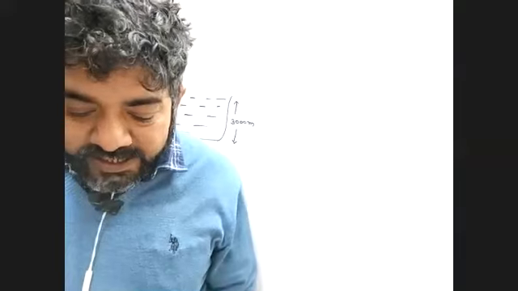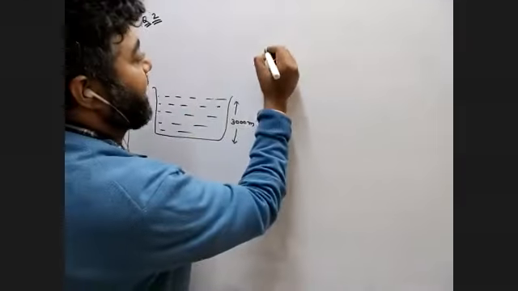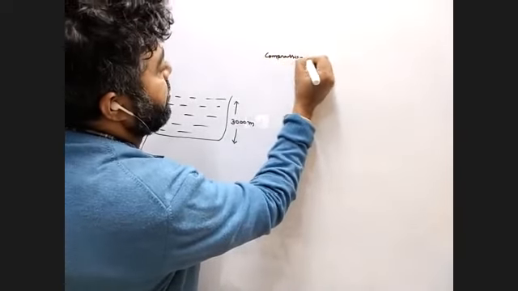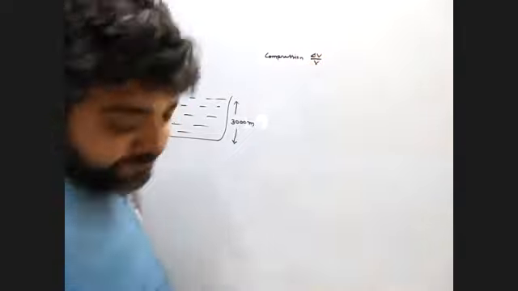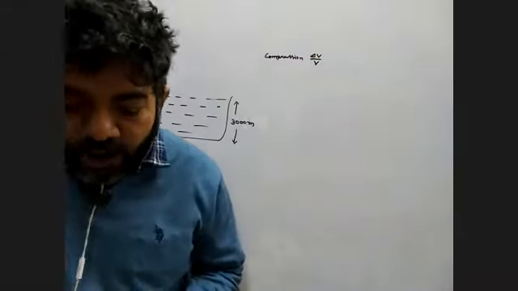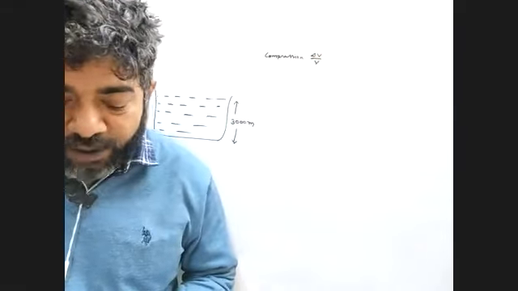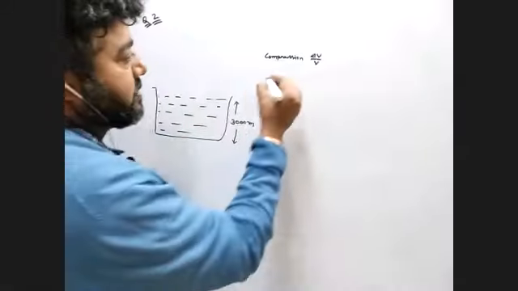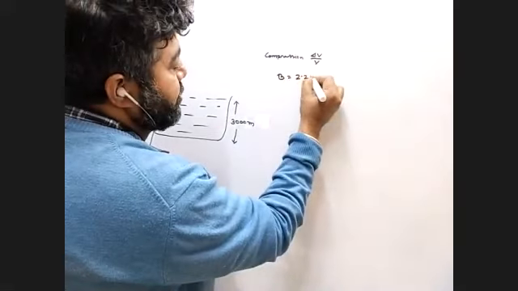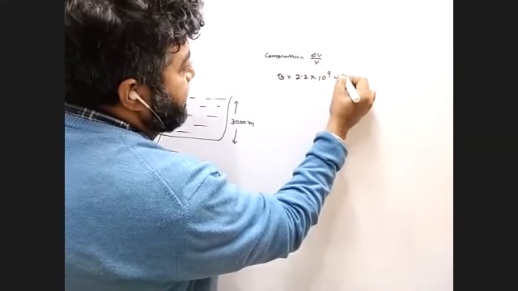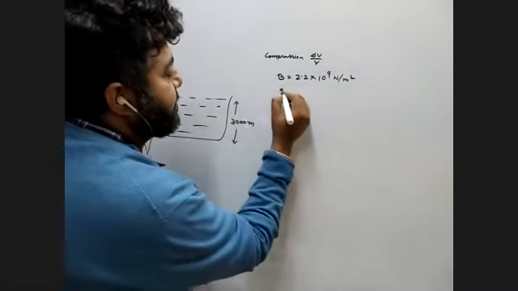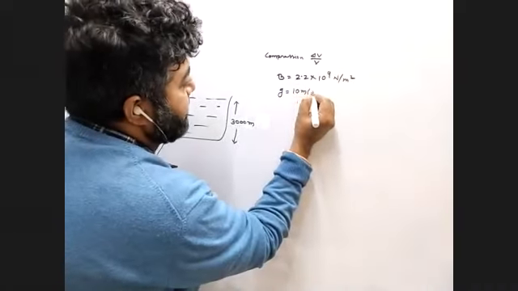Calculate the fractional compression, del V by V, of water at the bottom of the ocean, given that bulk modulus of water is 2.2 into 10 to the power 9 Newton per meter square, and take g equals 10 meter per second square.